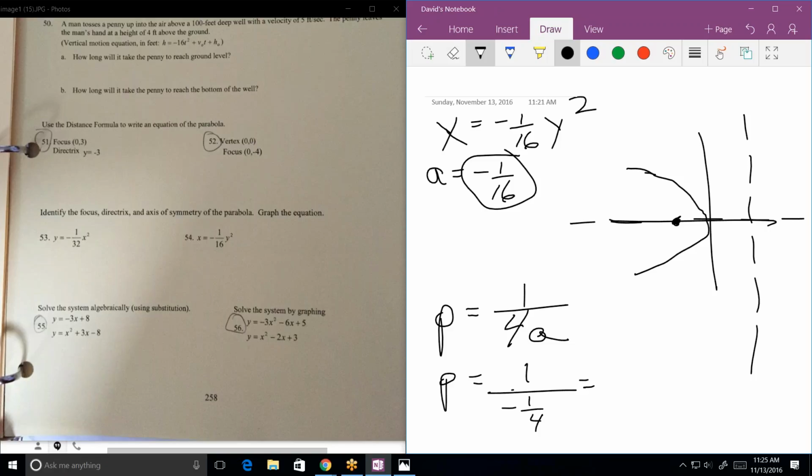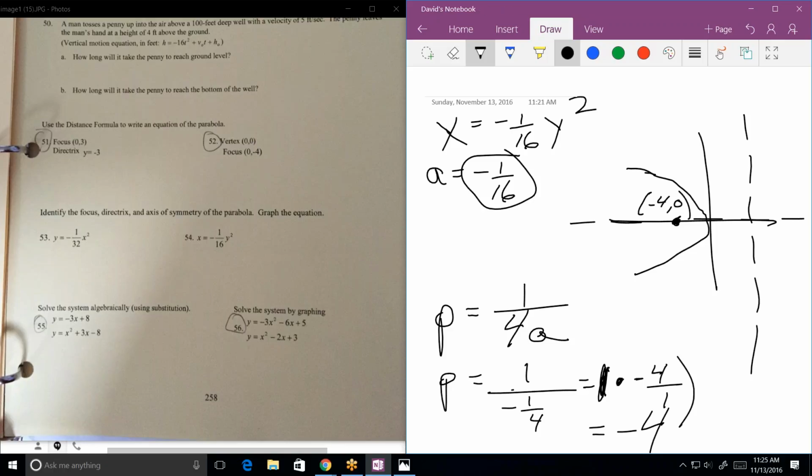Well, there's the 1 that's in the numerator, and I'm going to flip that so it becomes -4 over 1. Well, what's 1 times -4 over 1? -4. Okay. That's where our focus is. In other words, our focus is at (-4, 0).